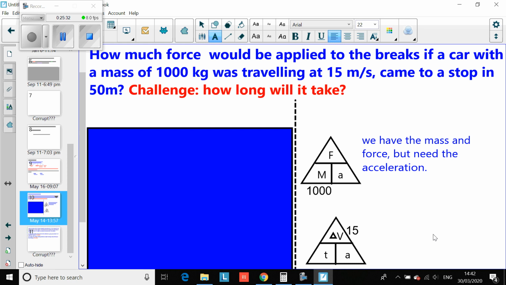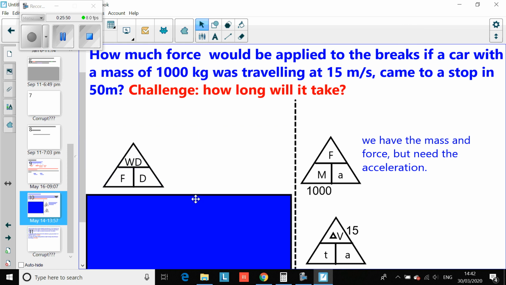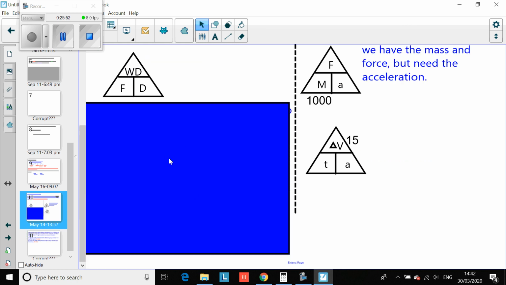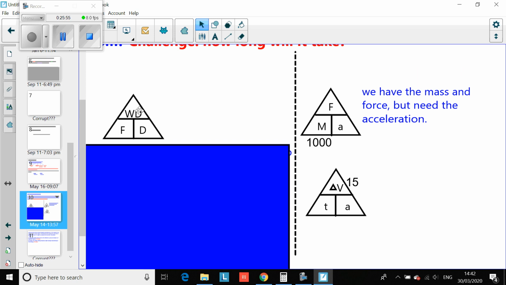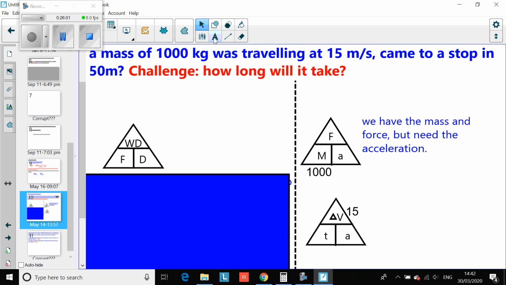So is there another equation which we could use? What other ways could we calculate force? Well, the other way we could calculate force is with this equation. Hopefully some of you remember this one. Work done is force times distance. Now, I've been sneaky here.